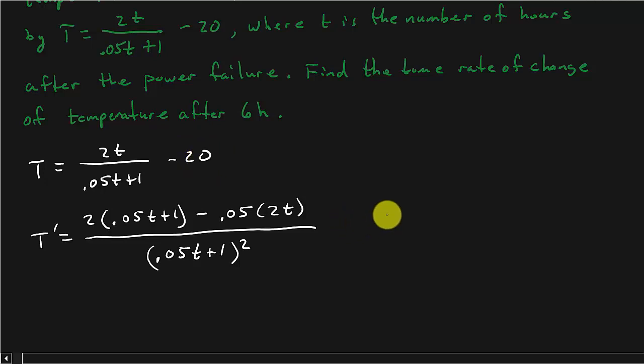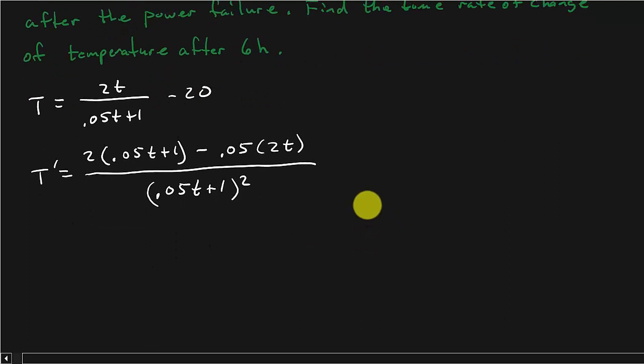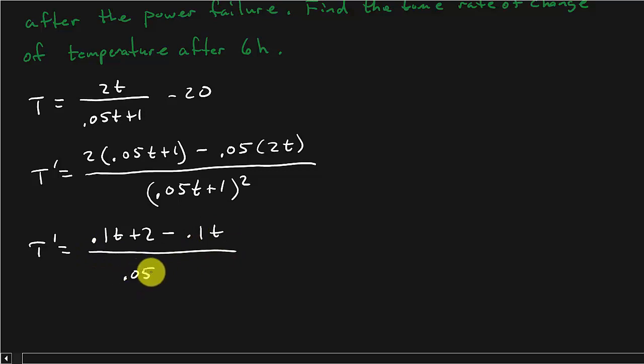All right, so now let's clear parentheses and combine terms. So T prime is, we've got 2 times 0.05, that's going to be 0.1t plus 2 minus 0.1t, over 0.05t plus 1 squared.